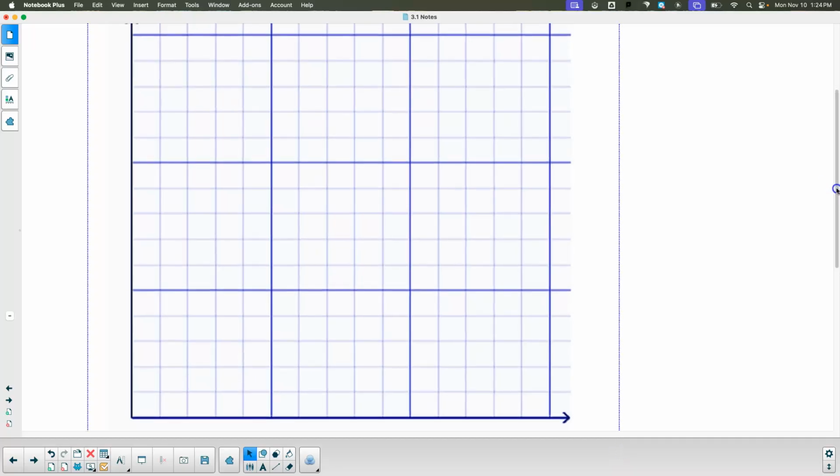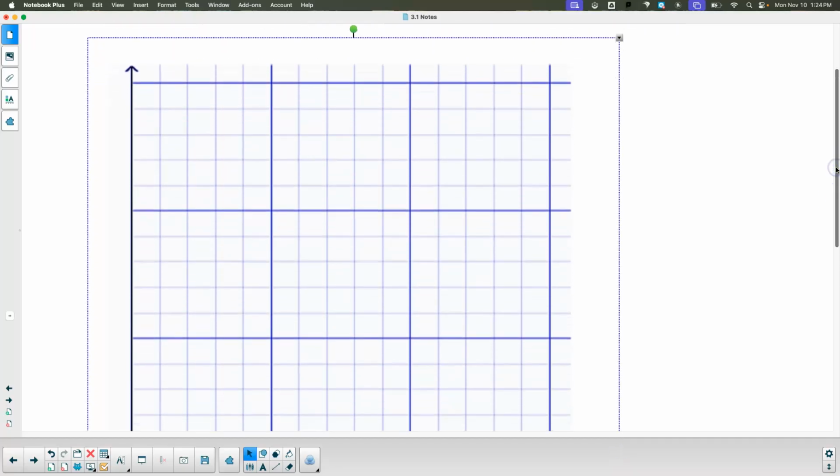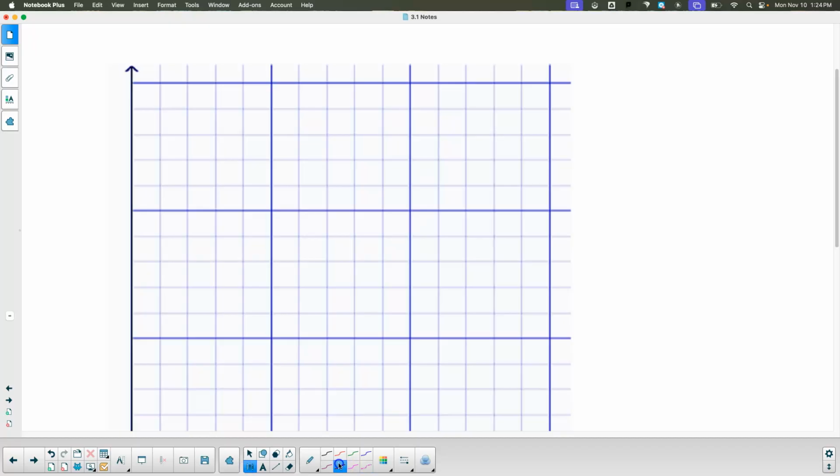There we go. Okay? So on this graph, this is the height of the water. On your graph, that axis is the height of the water.